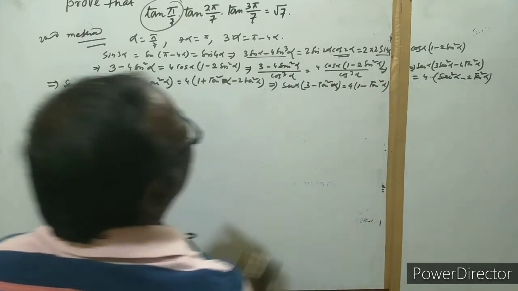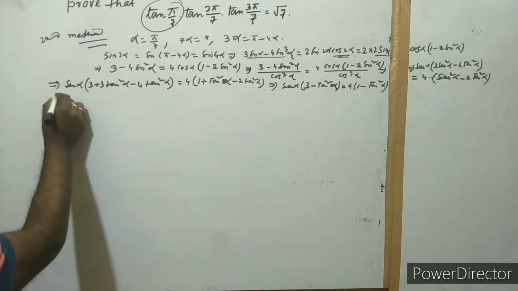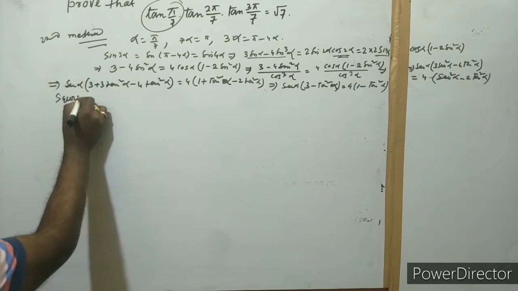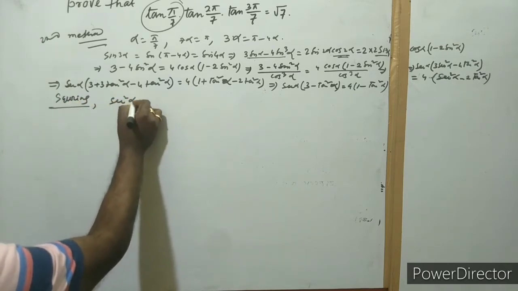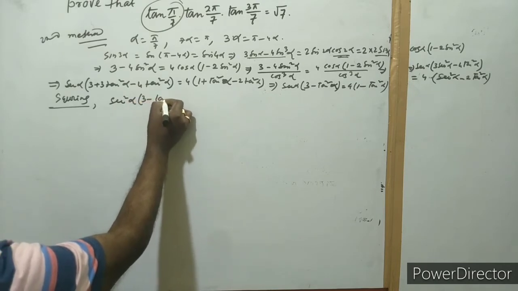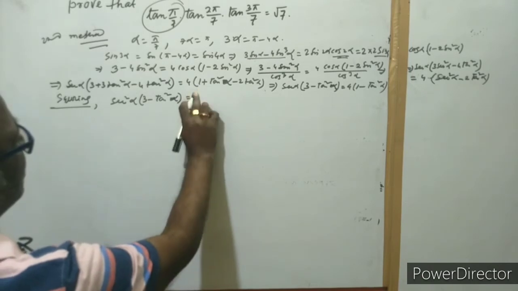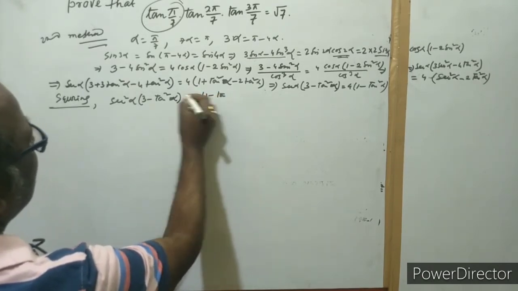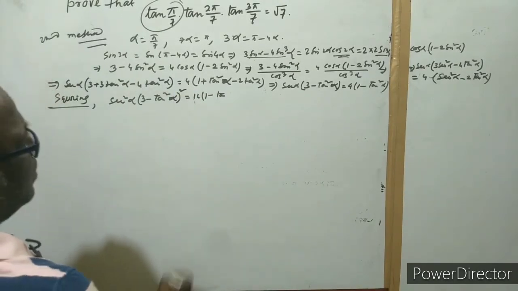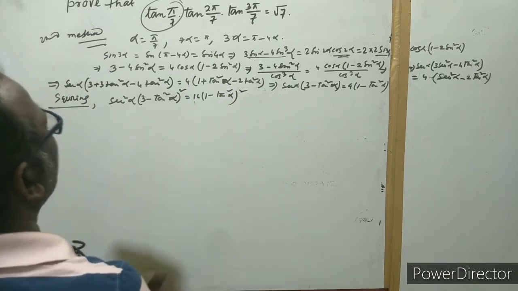Okay, and now we want to convert this equation as a whole in tan. So that's why squaring both sides. So we get here sec square alpha times 3 minus tan square alpha whole square, and this is equal to 16 into 1 minus tan square alpha whole square.